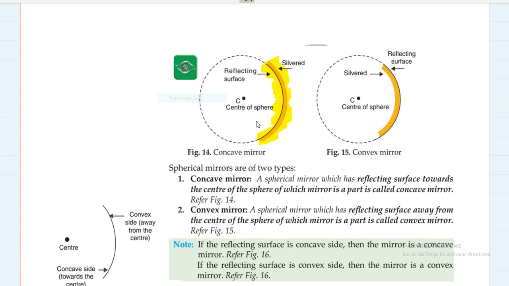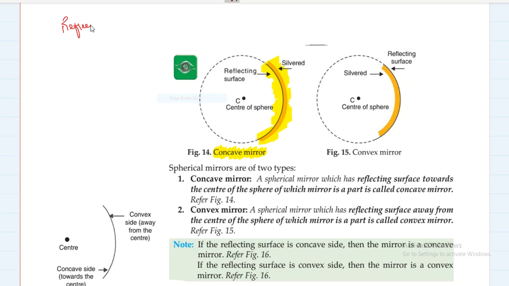Now, this inner surface is the reflecting surface. The outer surface of this part of the sphere is the silvered surface. So reflection happens through the inner surface, and that's why this is known as a concave mirror. So the reflecting surface is caved in.